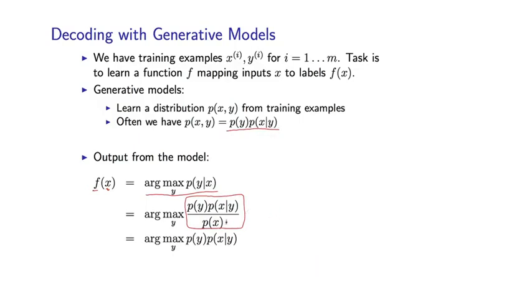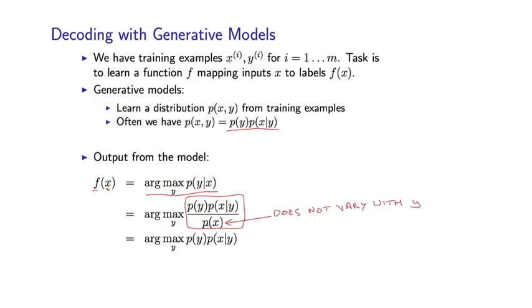An important characteristic of this equation is that p of x does not vary with y. So this denominator is actually constant with respect to y. Notice we're taking the argmax over y. We're searching for the y that maximizes this entire term.